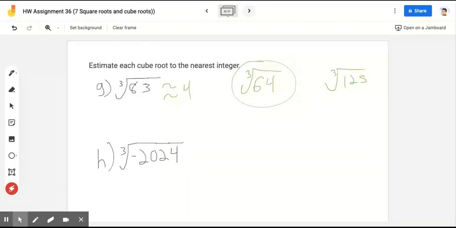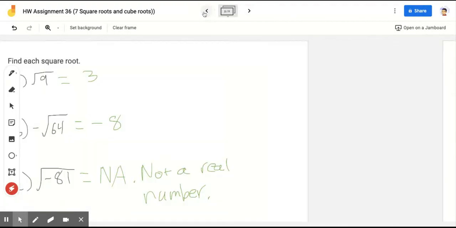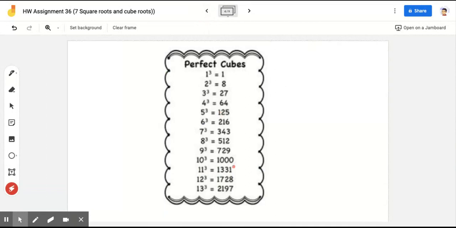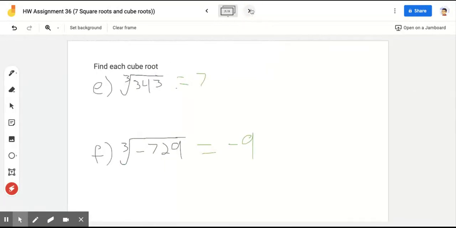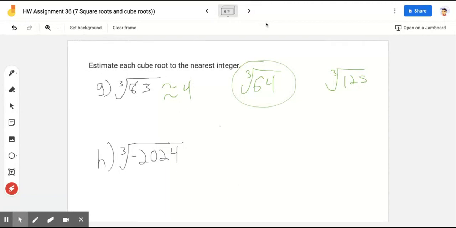All right. Then we have the cube root of negative 2024. So let's go back. That's a big one. That one I haven't memorized, but let's check it out. 2024. So that seems to be between these values right here. Cube root of 1728 and 2197.